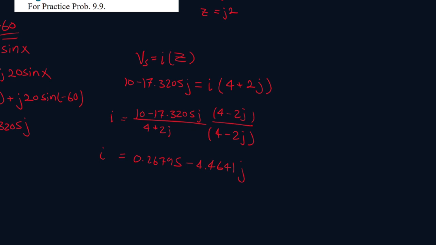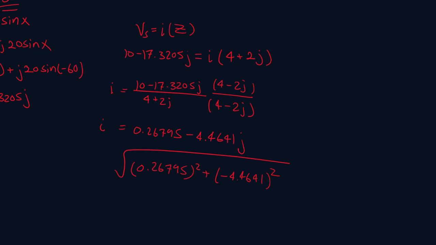Let's find a phasor for this. To find the phasor, get the magnitude of these two. So it'll be 0.26795 squared plus minus 4.4641 squared, and then square root all of this. Let me see what that gives me. That gives me 4.472.